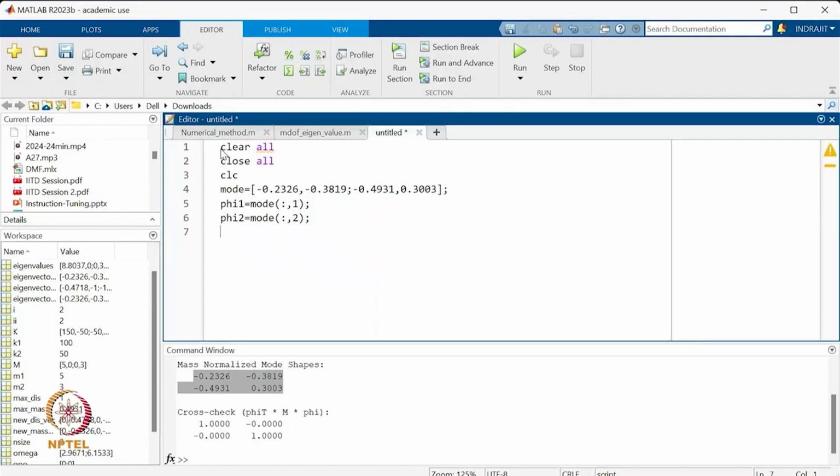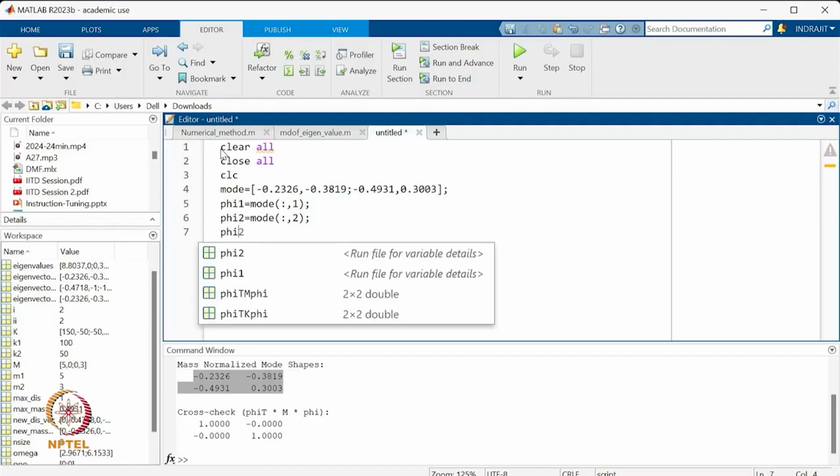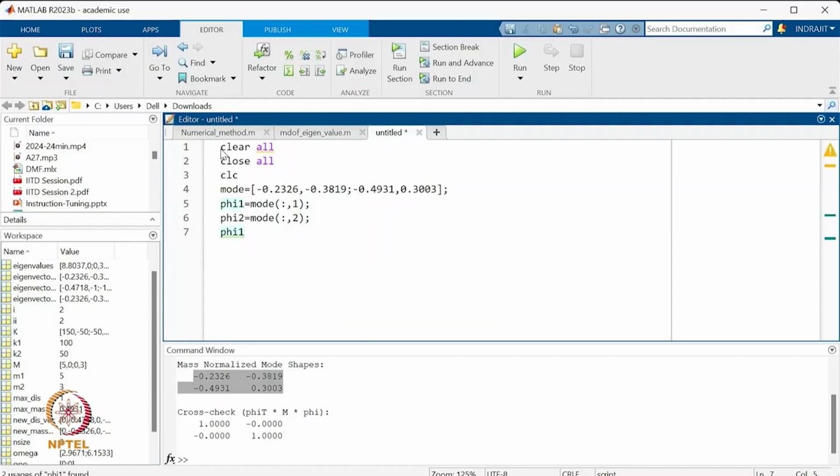Now I try to do phi1 transpose into M into R matrix.